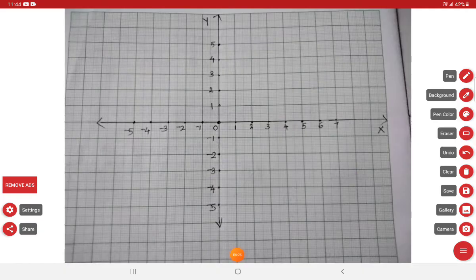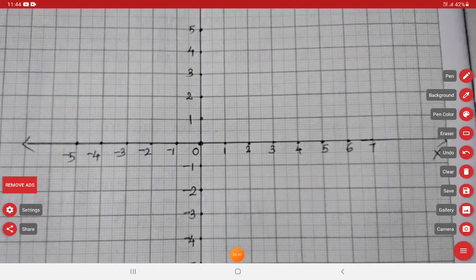Now we have to do one activity. We have to draw a closed figure, that is a polygon, maybe a quadrilateral, pentagon, or any polygon. Here I am showing a triangle.